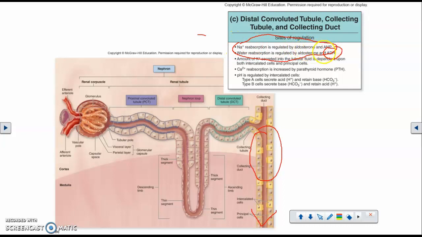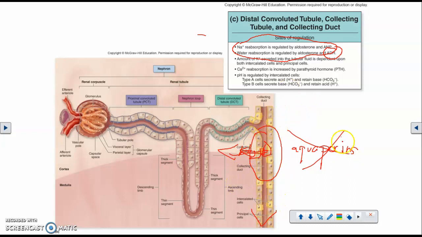ADH, on the other hand, directly and actively makes you pump water in, through a protein called aquaporins. Aquaporins are membrane channels that are permeable to water. If you need more water going this way, more aquaporins are expressed on the cells, which means more water goes back into your peritubular capillaries. If you don't want water, there are not a lot of aquaporins, which means you excrete water in this case.